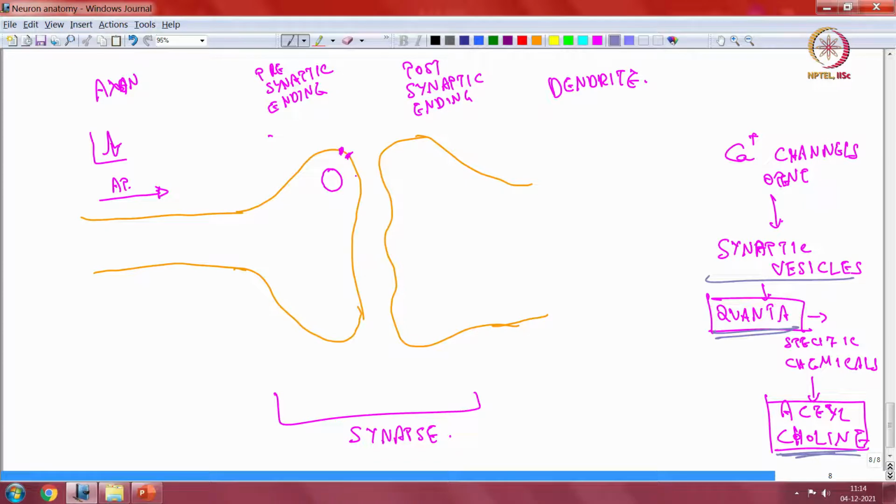The mechanism is what is being discussed over here, and these form a general class of molecules which are called neurotransmitters.